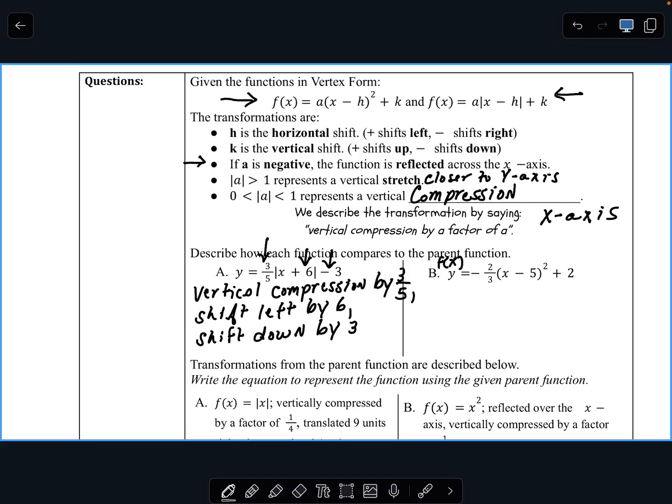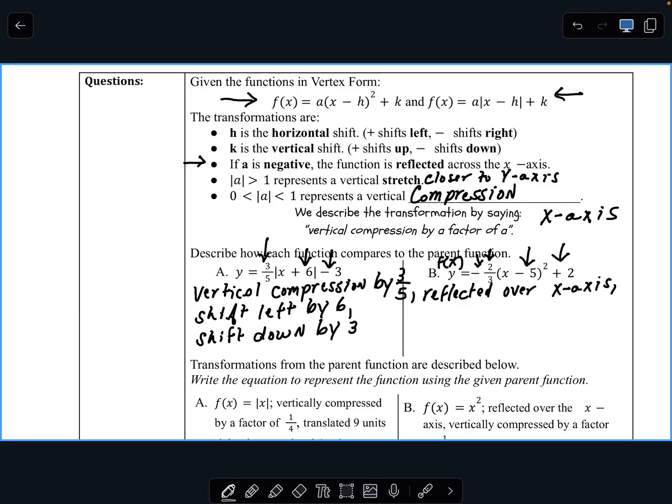Well, first of all, we have a negative. So that's going to mean a reflection. Then we have a number smaller than 1. So we're going to have a compression. We are going to have a horizontal shift and a vertical shift. So start with the reflection. So it is reflected over the x-axis. Okay.